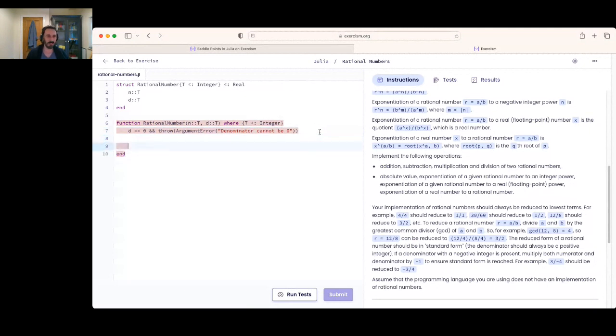Okay, so we need to create a new divisor. We need the greatest common divisor, GCD. It's going to be the greatest common divisor of N and D. Seems fairly straightforward.